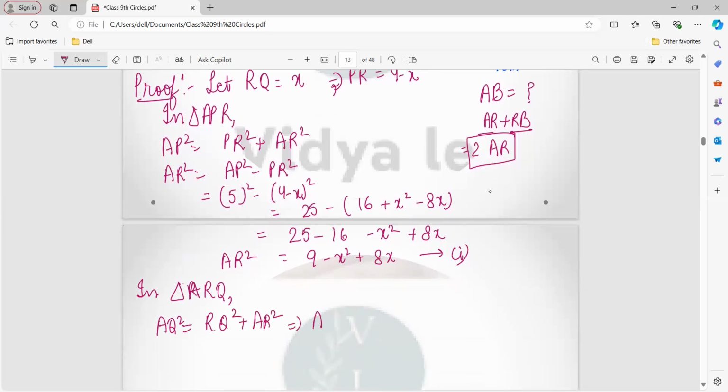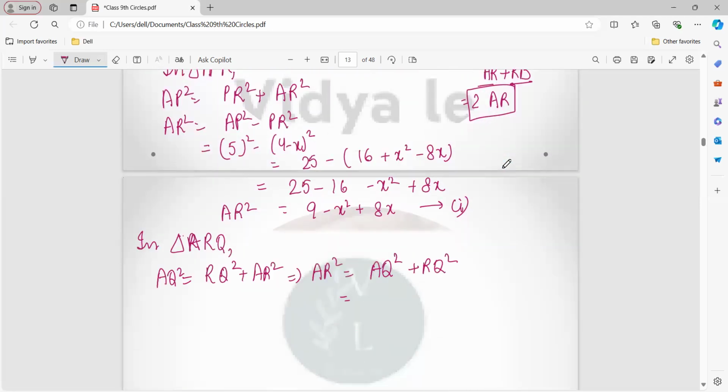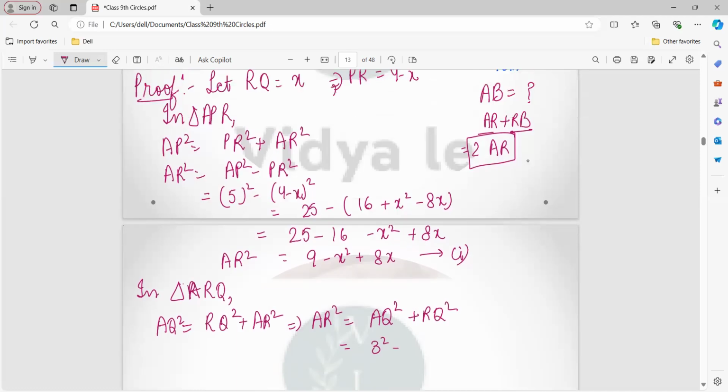Again, we want the value of AR. So AR square is AQ square minus RQ square, where AQ is the radius 3 centimeter. So it's 3 square, and RQ we have supposed as x, so x square, which is equal to 9 minus x square. So that is the value of AR square.